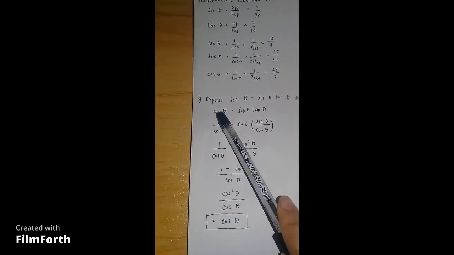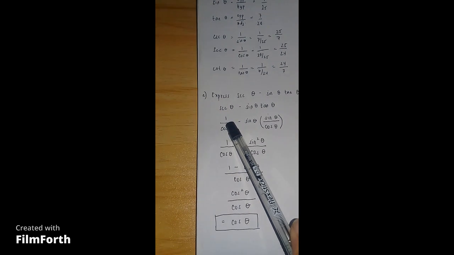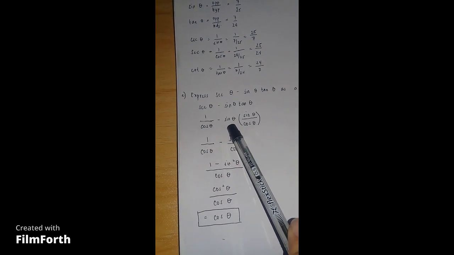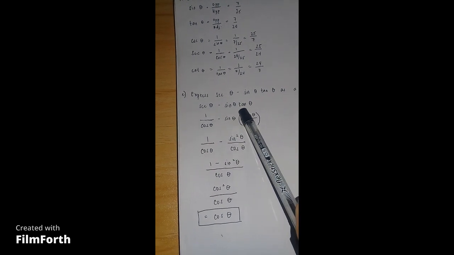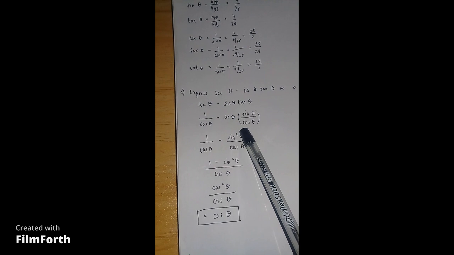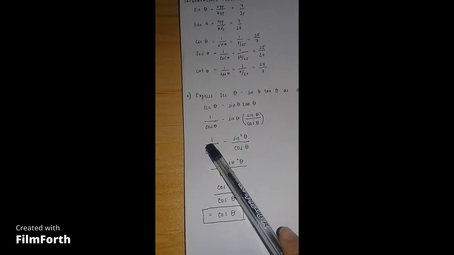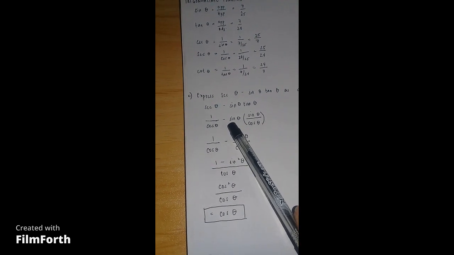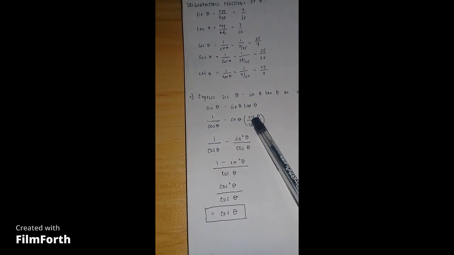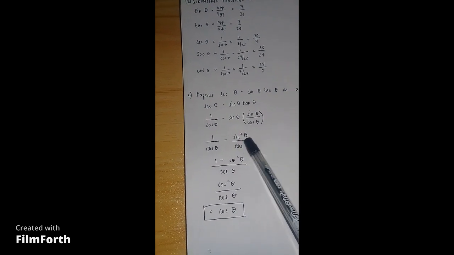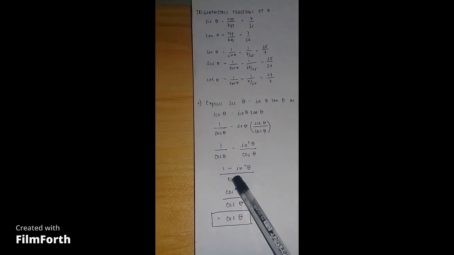The value of secant theta is 1 over cos theta. So copy the negative sin theta, and our tan theta value is sin theta over cos theta. So copy the 1 over cos theta, and then negative sin theta times sin theta is sin squared theta, and copy the cos theta.